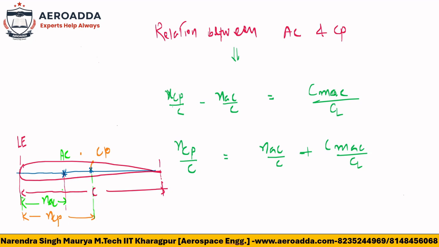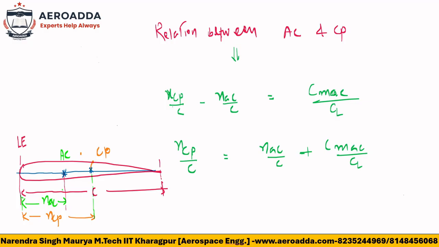I have given the note, so who understood? Once alpha is changing, CP will be changing. There will be some specific value of angle of attack where AC and CP can coincide. A question can be asked to you. Yes, it can coincide, there is no doubt about it. It totally depends on the angle of attack.